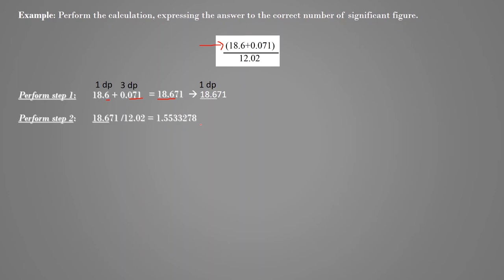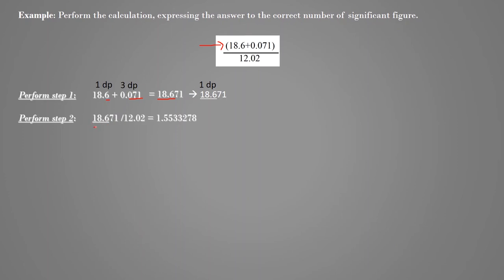Now to determine the correct number of sig figs here, because this step is a division step, right? Division is what I'm performing here. I will look for the number of significant figures. Instead of looking at the significant figures in this whole number, I will be looking at the significant figures only in this underlined area.